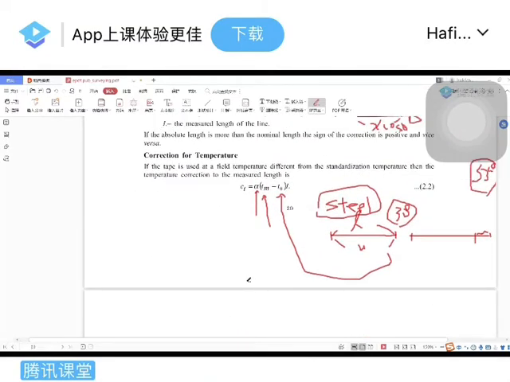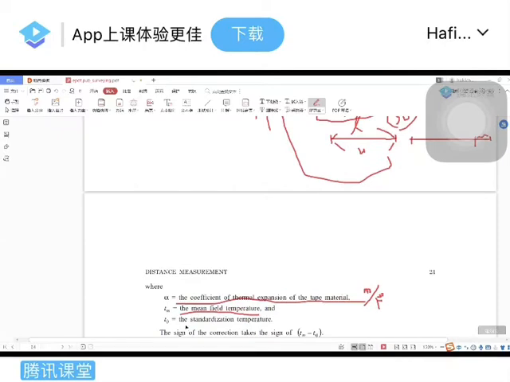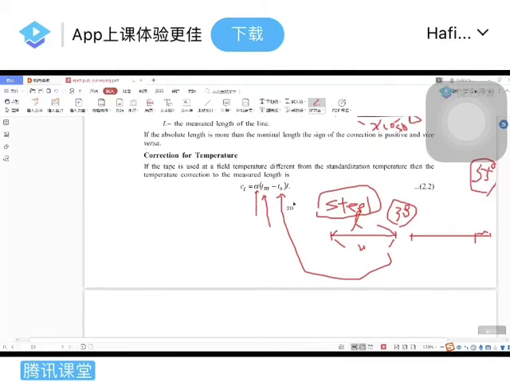Okay, let's come to the next one. T0 is the standard. L here is the distance between A and B, so you do this kind of correction regarding L, using your tape reading. This L comes from the measurement made under this 55 degree temperature with this tape. This tape may be elongated, but I use it and treat it as V. In our previous one, I used U and V, with V for the standard one.